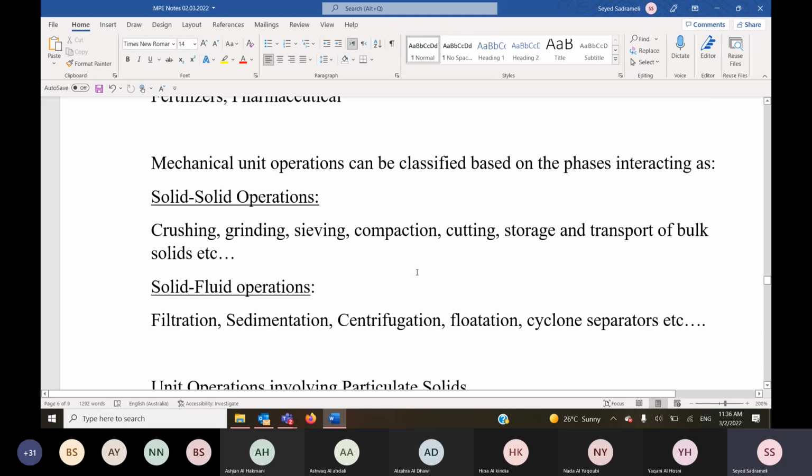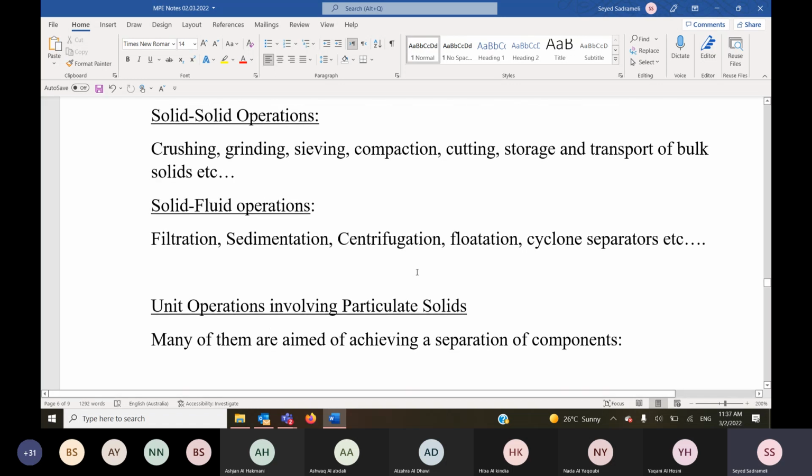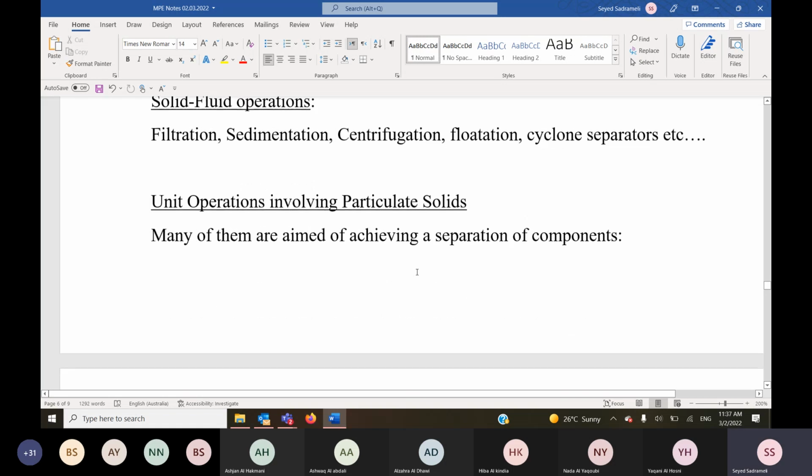The mechanical unit operations are divided into solid operations and solid-fluid operations. Solid operations are crushing, grinding, sieving, compaction, cutting, storage, and transport of bulk solids, etc. Solid-fluid operations include filtration, sedimentation, centrifugation, flotation, and cyclone separators.